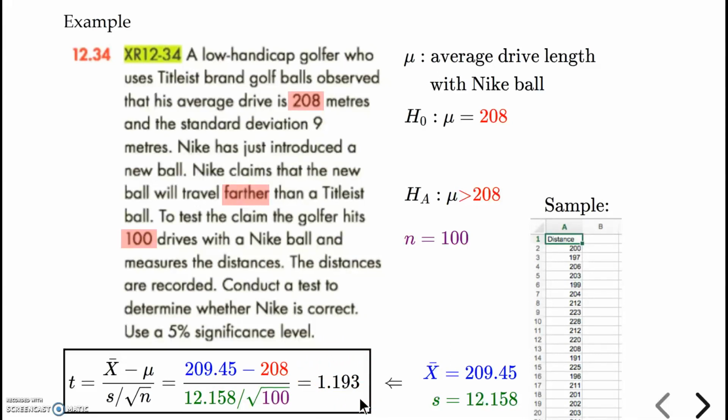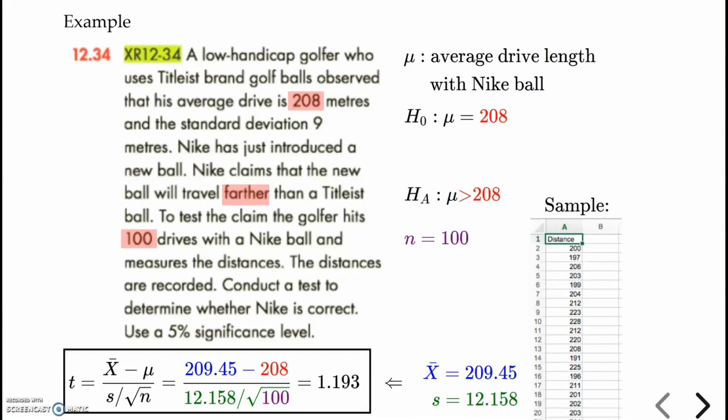Therefore, we will reject the null hypothesis. If this test statistic does not fall into the far end, it looks like it is coming from the t n minus 1 distribution. Therefore, we will not reject the null hypothesis.